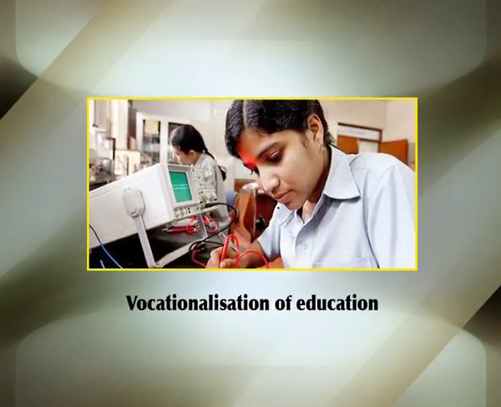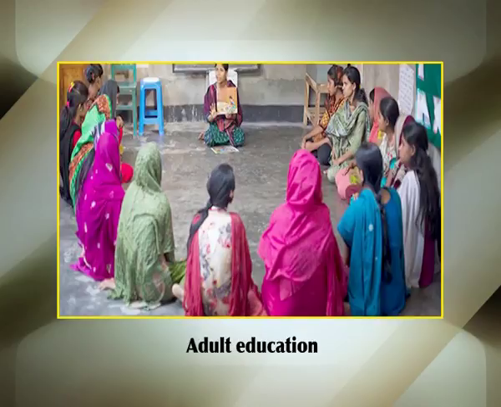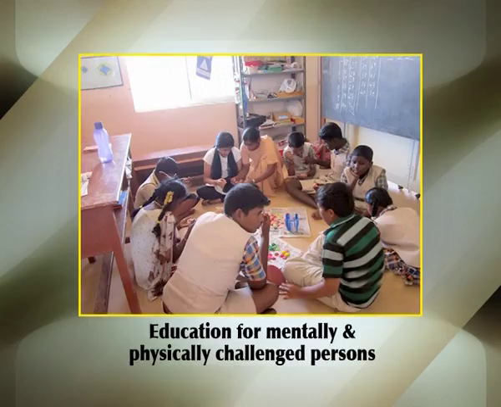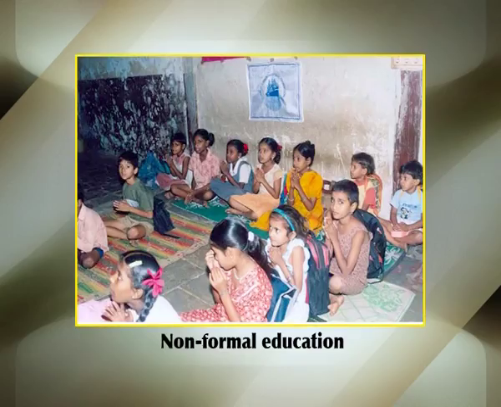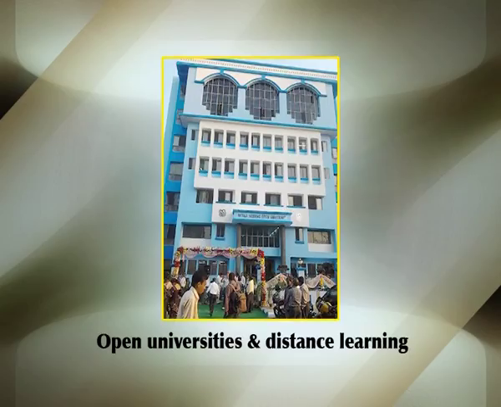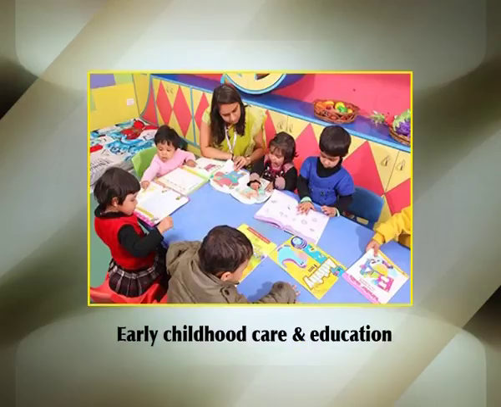The educational policy, as highlighted in the NPE, also emphasized enhancing and promoting the vocationalization of education, adult education, education for the mentally and physically challenged persons, non-formal education, open universities and distance learning, and early childhood care and education.